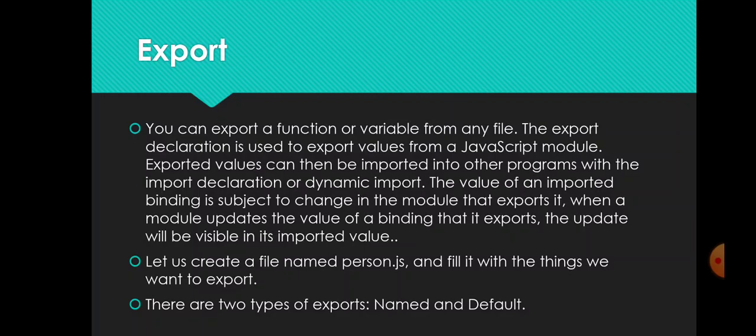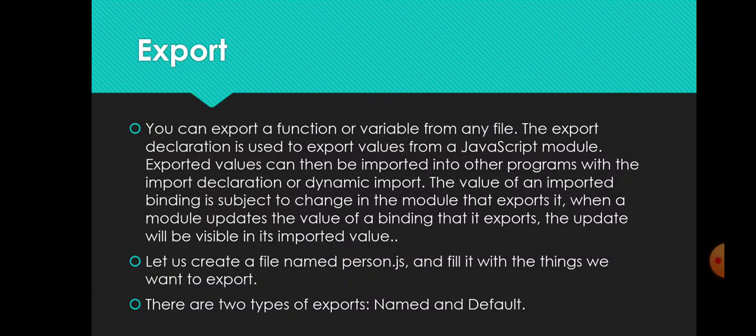When a module updates the value of a binding, the same change will be reflected in the original code. To learn this further, we'll be creating a file named person.js, and then we'll fill in the things that we want to export.